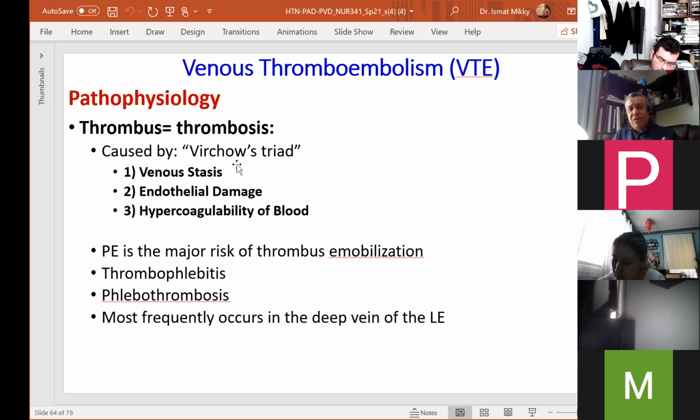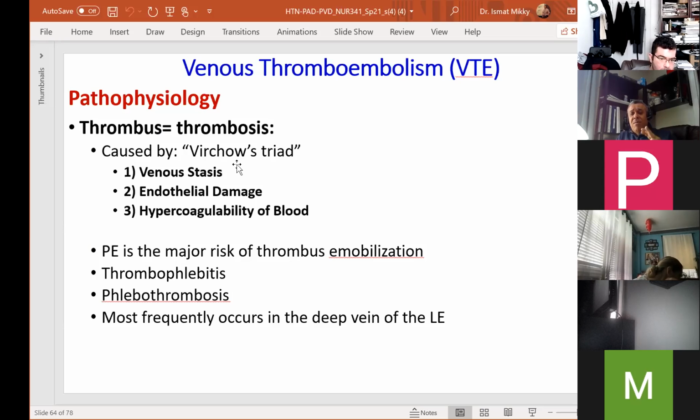I'm not going to spend time on the pathophysiology, because you can refer to these slides and review it from the patho, because those are very important concepts: the mechanisms of how a blood clot would form, the risk factors and the pathophysiological mechanisms behind it.